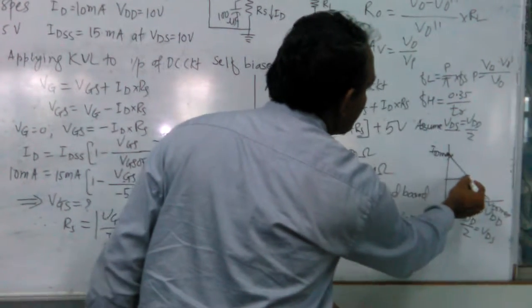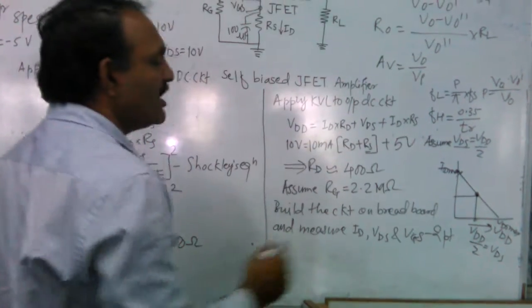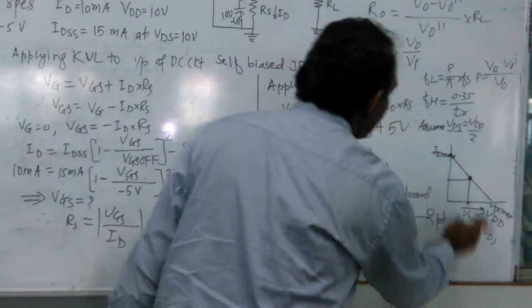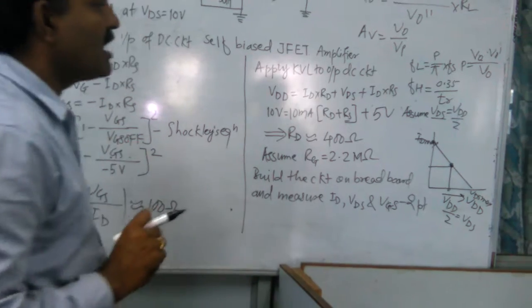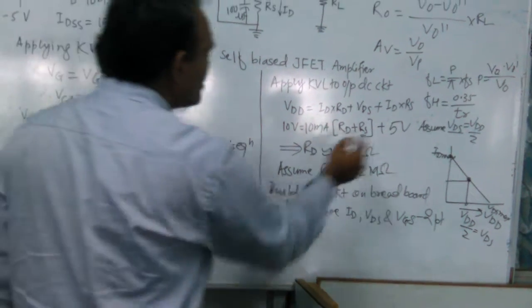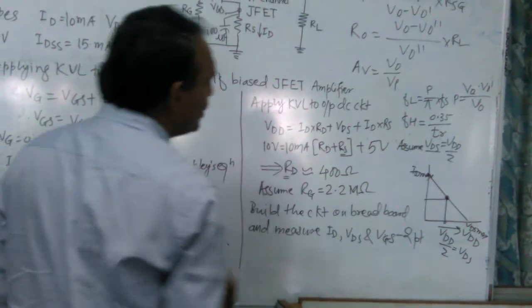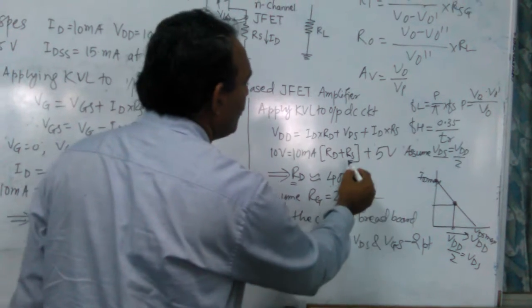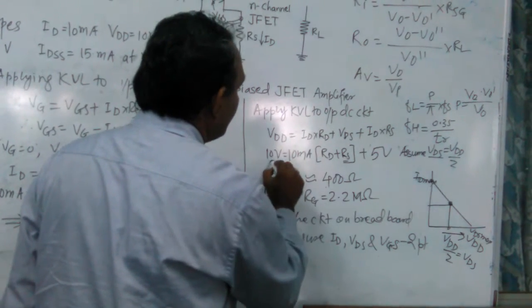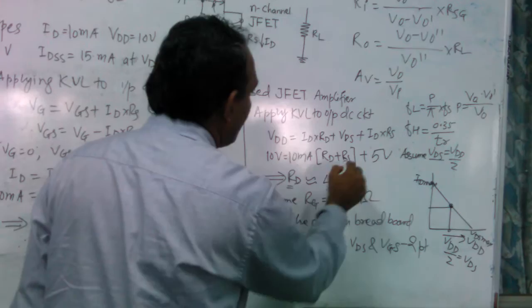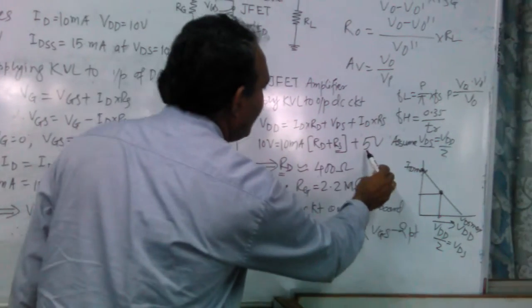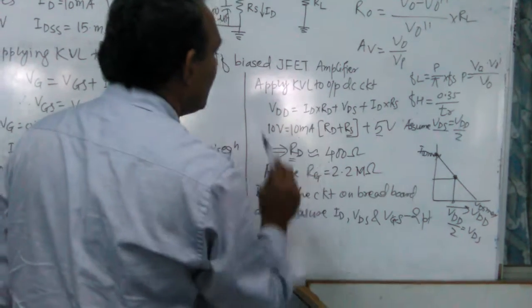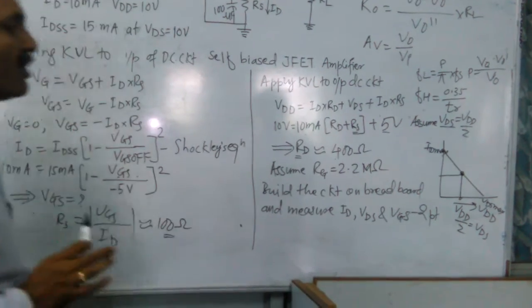Thus, to make this operating point at the center of the DC load line, we are keeping VDS equal to VDD by 2 as an assumption. With these assumptions, we can find RD equal to 400 ohm, where VDD is known, ID is known, RS is also known from these findings, and VDS is known. That's why we can get RD equal to 400 ohm.